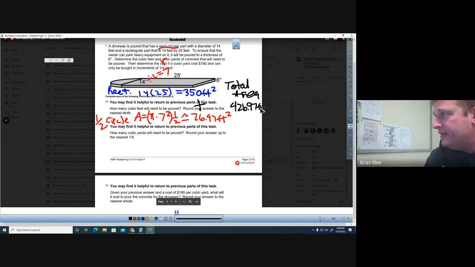And that unit label is super important. We're in square feet. Oh, right here, we got 6 inches. We need to turn the 6 inches into feet. So I want to divide that by 12 inches. That cancels out the inch label. The concrete is 0.5 feet thick.